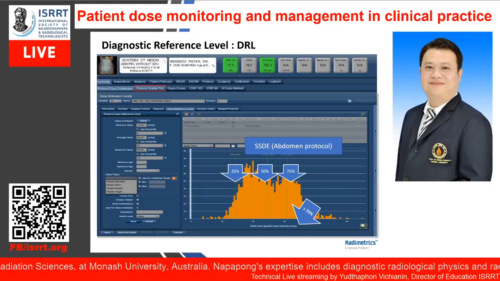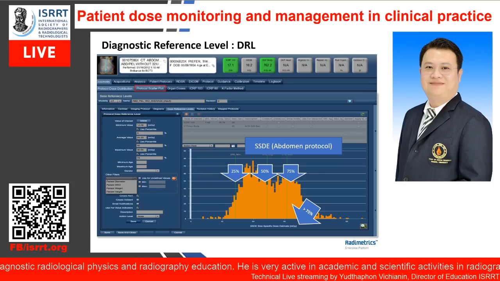That's the DRL. If you want to compare your hospital, your institutional DRL, to the national DRL, you do not use the 75th percentile. It's not right because the statistics is not there. What you do is use your median, or 50th percentile, to compare.